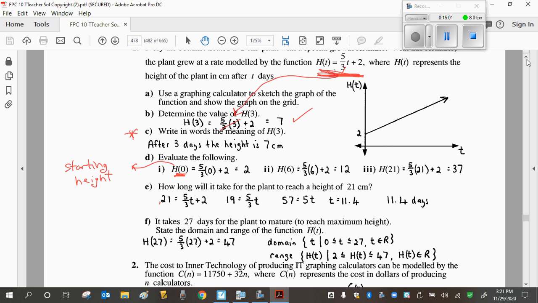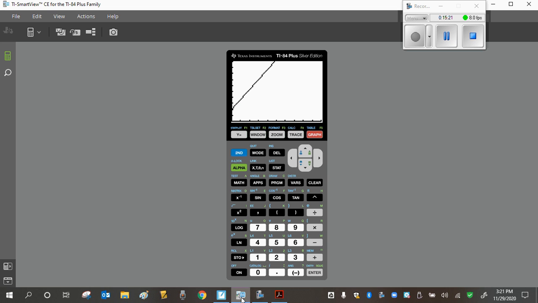Okay, so here's E once you get there. And just again, I would do 21 divided by 3 is 7, and 35 plus 2 is 37. But if you want to do it on your calculator, 5/3 times 21.